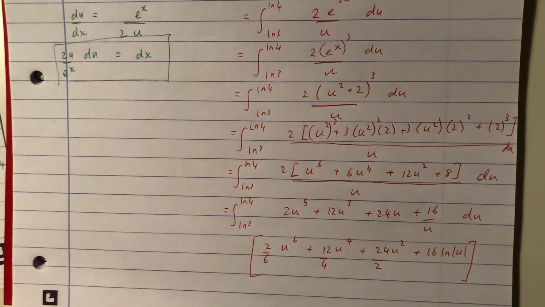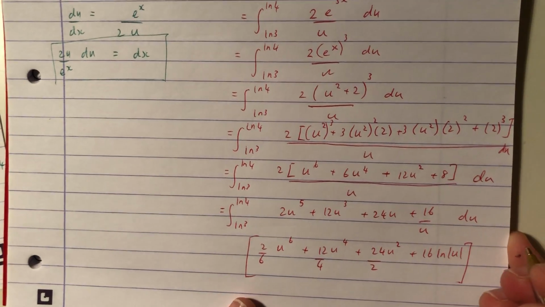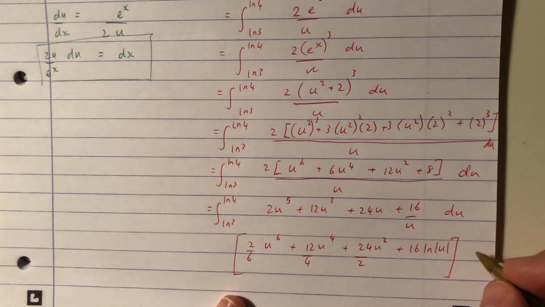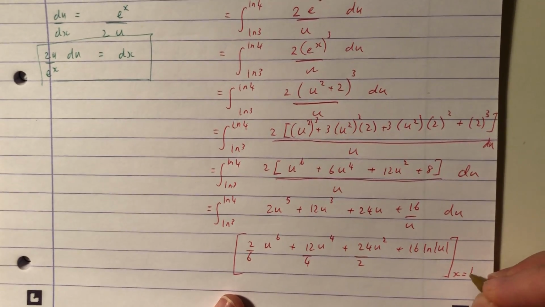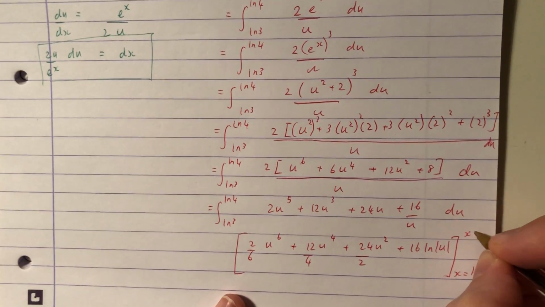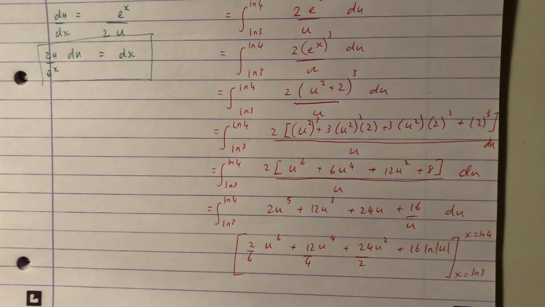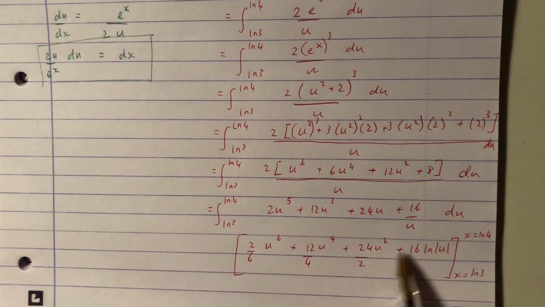Okay, now this is where you've got to make a decision. Looking at this, these are the limits x equals ln 3 and x equals ln 4. Can't make the substitution because I've got u's in there.